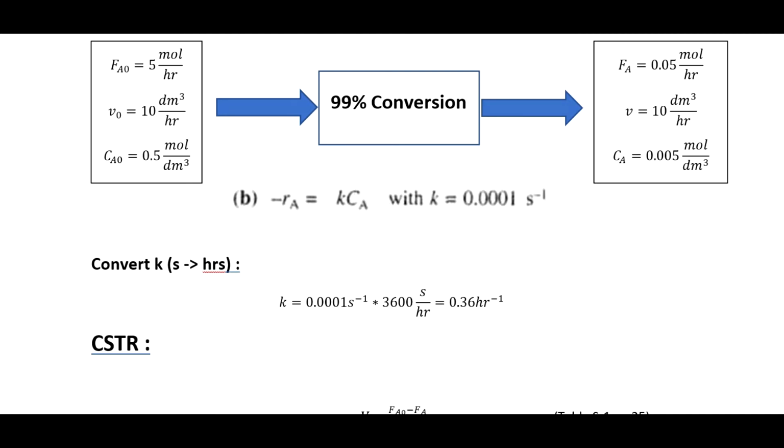This is because if you look at any of the other flow rates that we're working with, it's all in terms of hours. So we're going to quickly multiply 0.001 seconds to the negative first by 3,600 seconds per hour, giving us a new rate constant of 0.36 hours to the negative first.